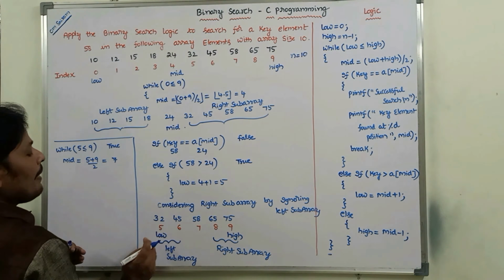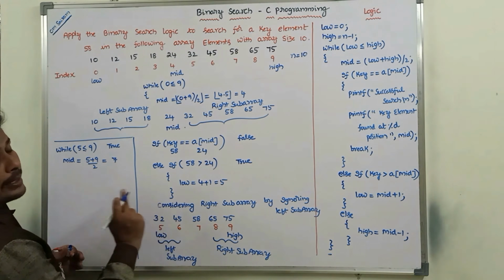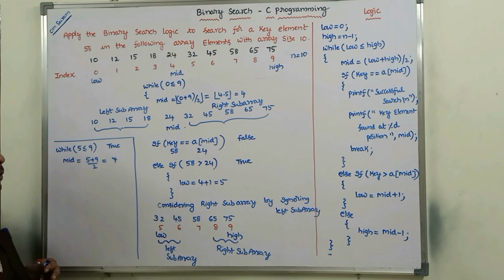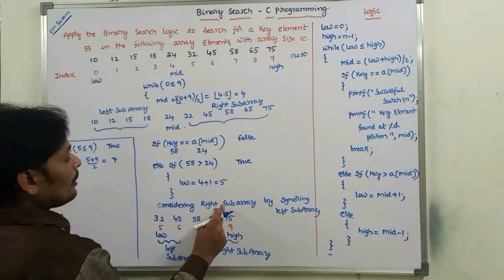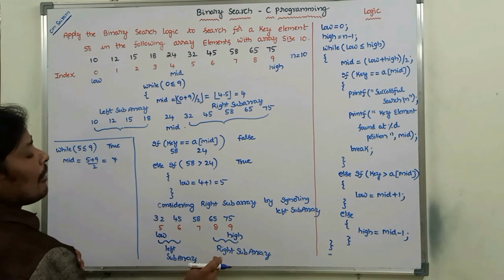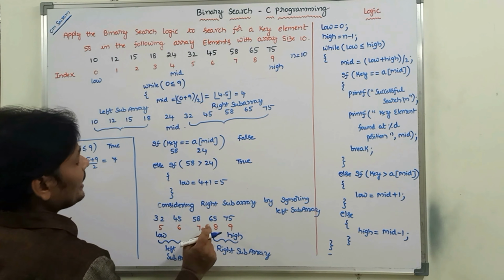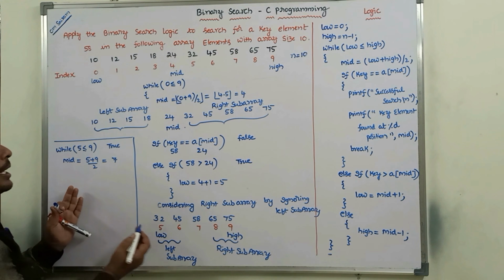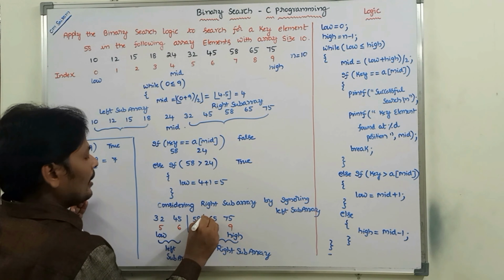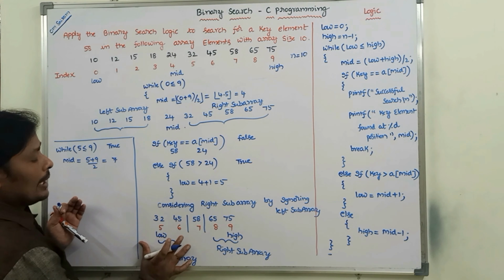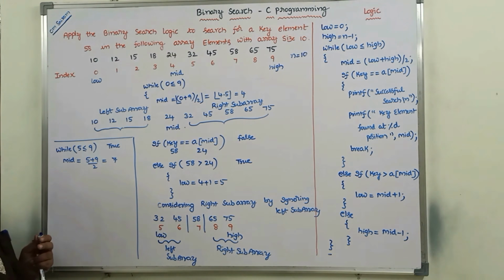Before the mid value, that is the left sub array. It contains only two elements, 32 and 45. After the mid value, only two elements are there. That is the right sub array. It contains 8 and 9. Okay, so the mid value divides the given array into two sub arrays, left sub array and right sub array.